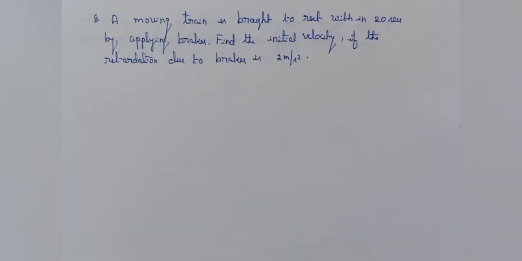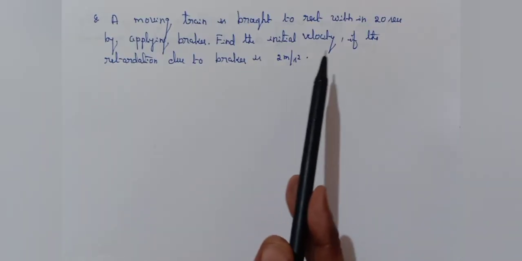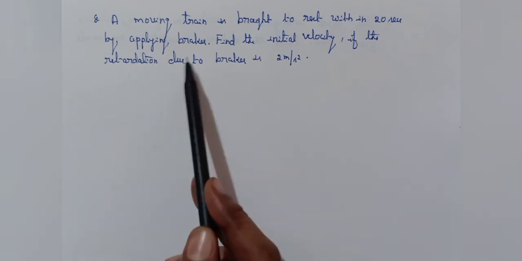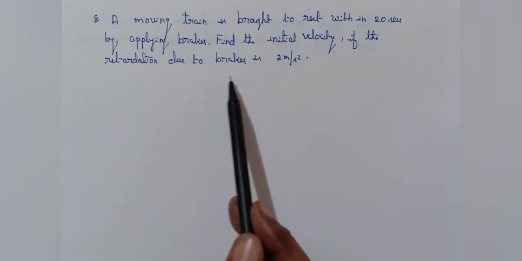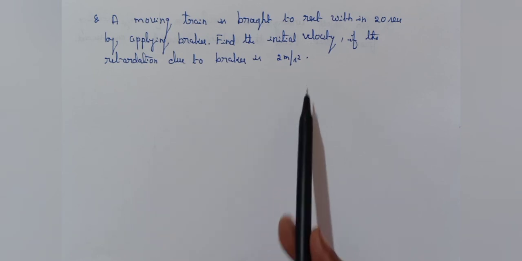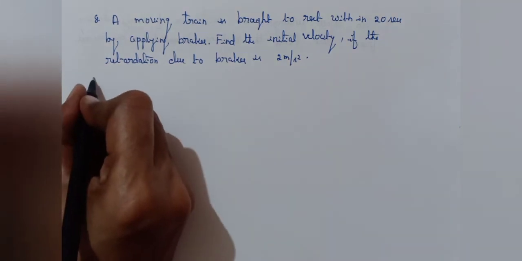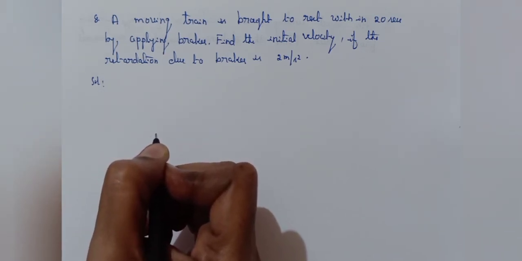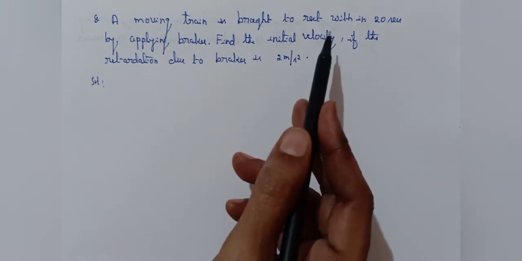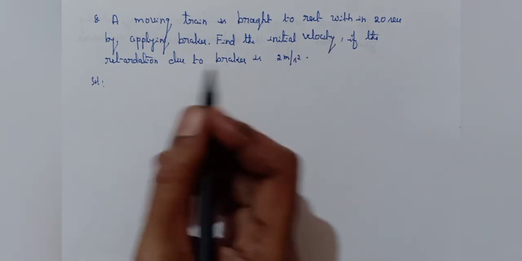Next problem. A moving train is brought to rest within 20 seconds by applying brakes. Find the initial velocity if the retardation due to brakes is 2 meter per second square. Here, a moving train is brought to rest within 20 seconds. Brought to rest means here the final velocity is 0.